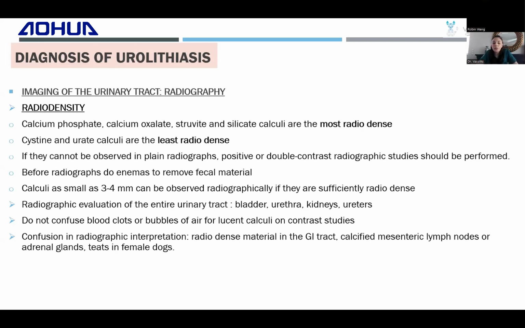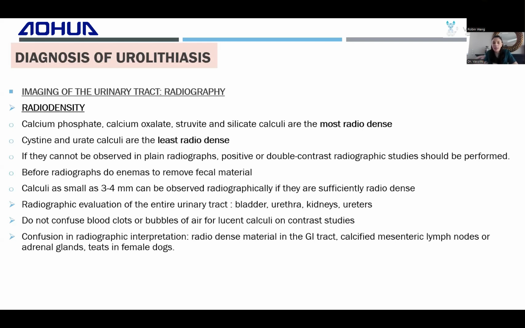Calculi that are small, like 3 to 4 millimeters, can be observed radiographically if they are radiodense. If they're not, even bigger ones you can miss. Do not confuse blood clots or bubbles of air for radiolucent calculi on the contrast studies.